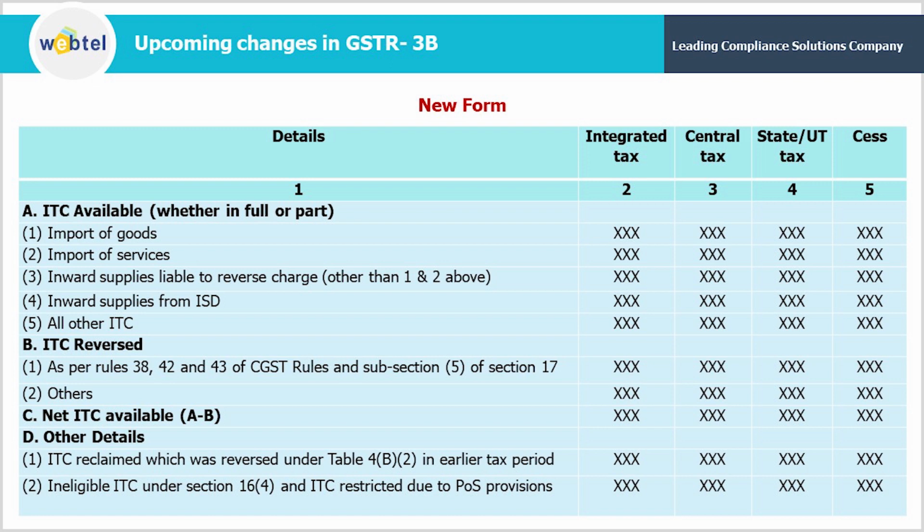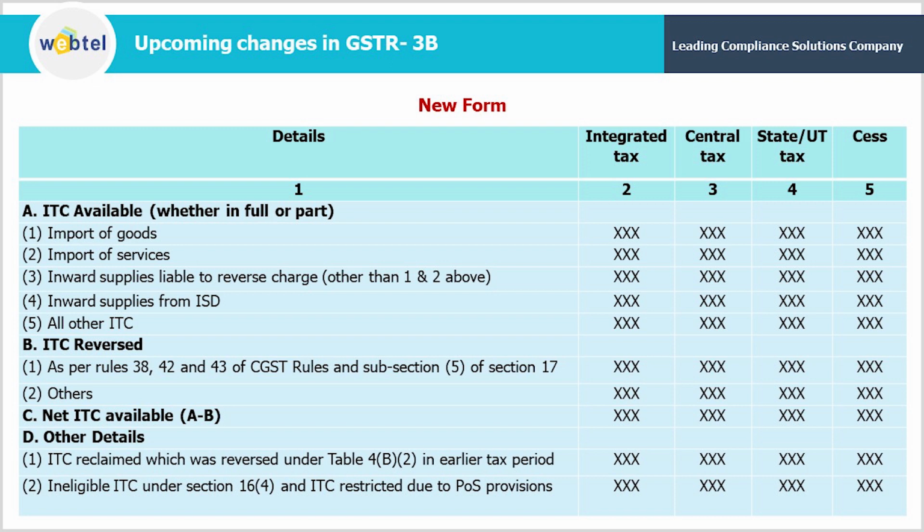Here in table 4B2, others, we have to report this kind of ITC. We are bifurcating this ITC because one kind of ITC can be reclaimed but the other cannot be. So in case we want to reclaim this kind of ITC, it can be reclaimed in table 4A5 on fulfillment of necessary conditions.